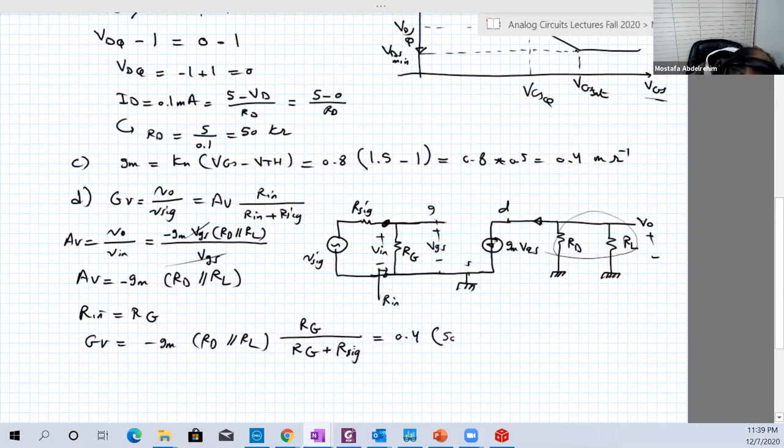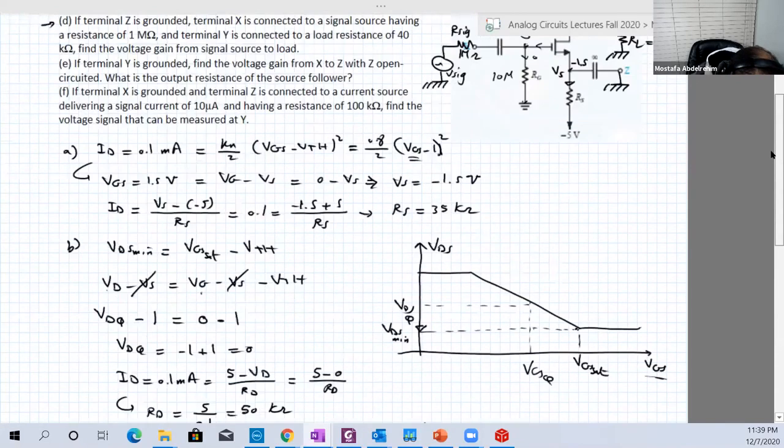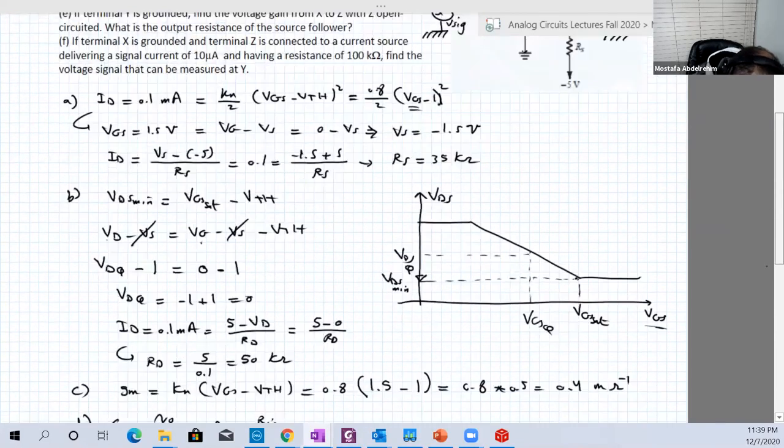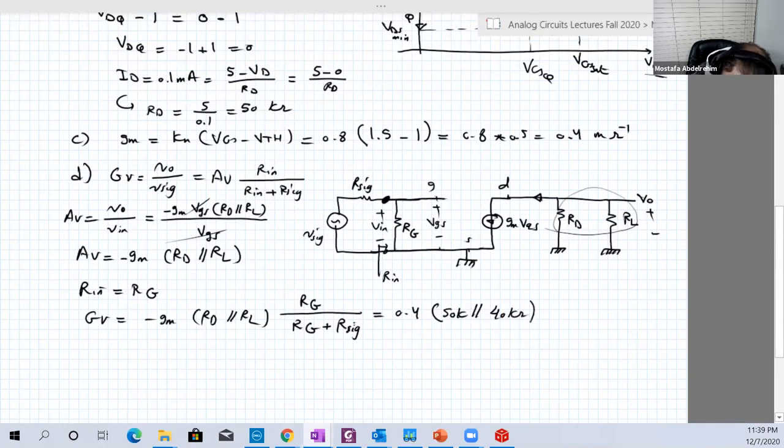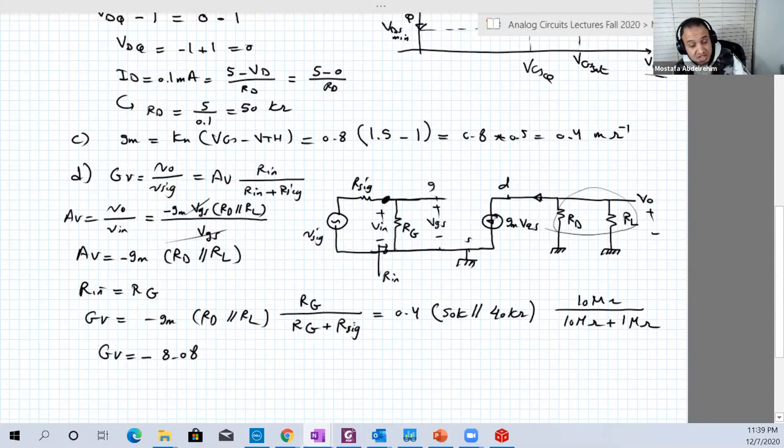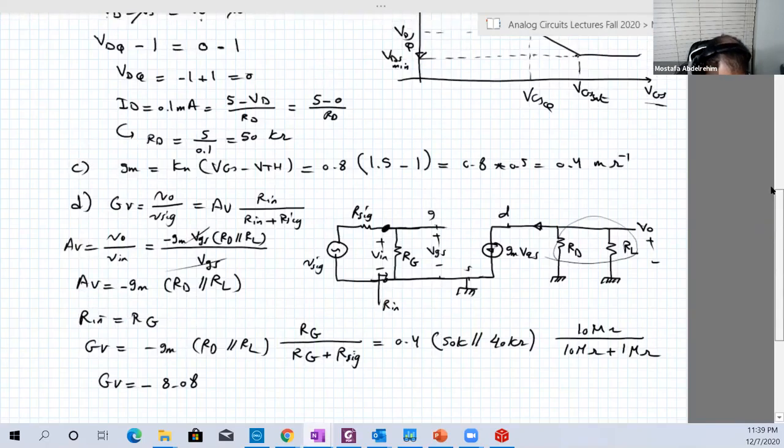RD we get it 550 kilos, parallel RL, which is 40 kilo ohms. This is given in the question. RG is 10 mega ohm. R signal is 1 mega ohm. So everything is known here. So GV is equal to minus 8.08. Okay. So the signal will be amplified 8 times at the output. So we finished D.